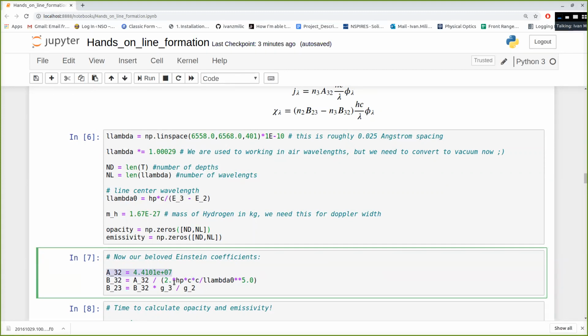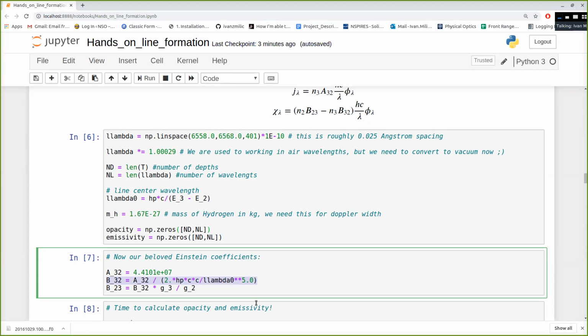And I think I made a mistake in one of the previous classes. If you find this equation here, the ratio between the Einstein coefficient for spontaneous emission and stimulated emission, instead of B32, I used B23, or instead of B upper lower, I used B lower upper.